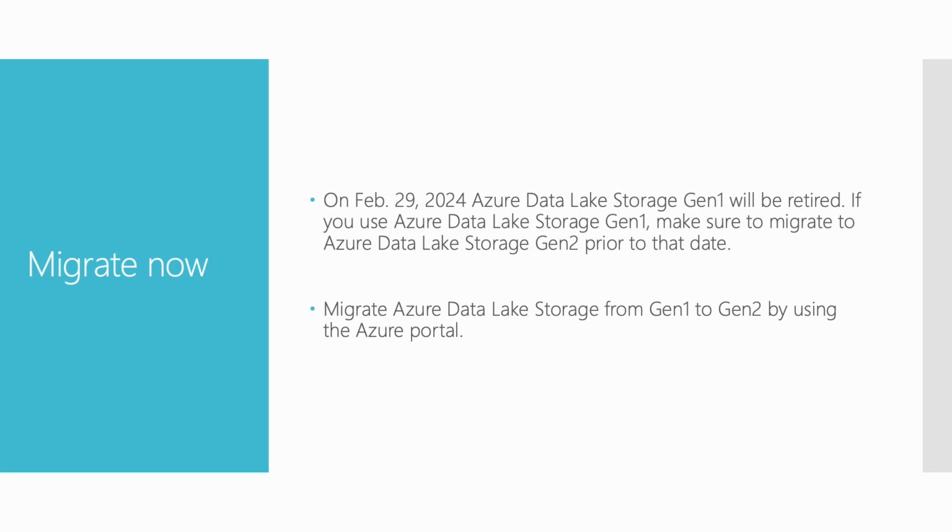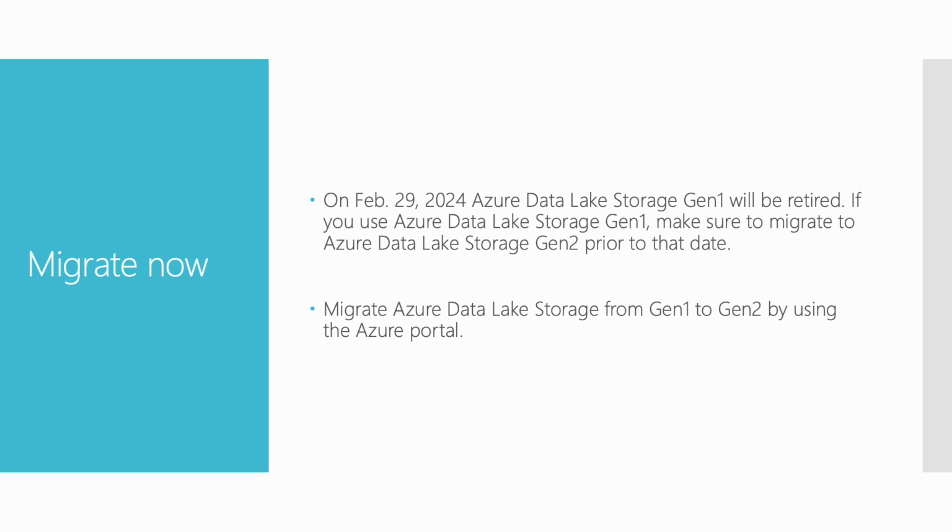As you know, on February 29, 2024, the ADLS Gen 1 service will be retired. And we have this new service called the ADLS Gen 2 service, which has more advantages over the Gen 1 service.